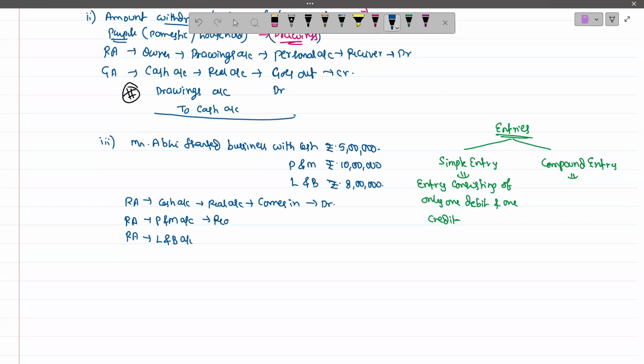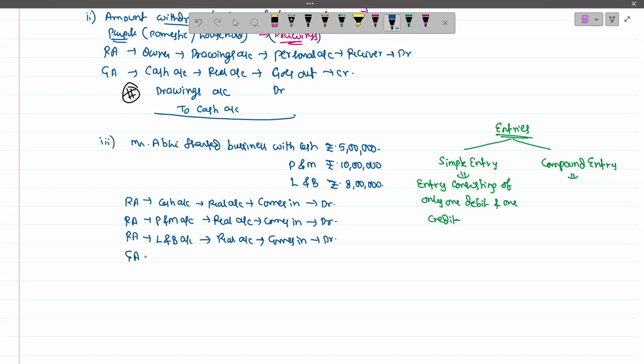And plant and machinery is an asset, a tangible asset, so it is a real account. It also comes into the business because it is brought by the owner, so that account is debited. Land and building is also a tangible asset, so that is also a real account. What comes in is debited.